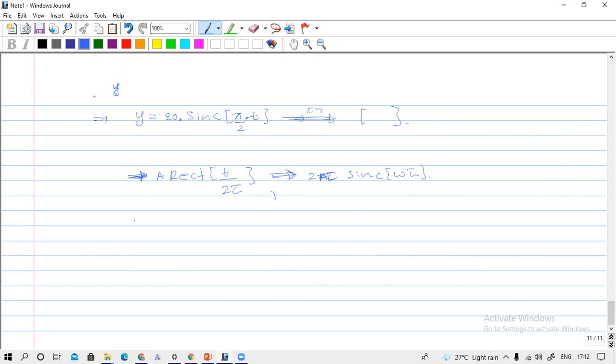You can use another form, rect(t/τ). Now instead of 2τ here it is τ, so τ should be divided by 2, and the 2 cancels out. So you will have τ Sinc(τω/2).